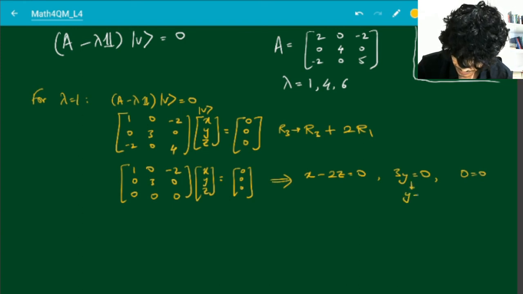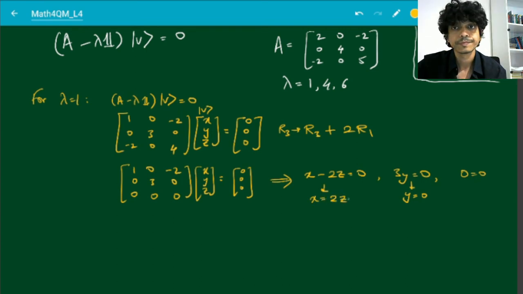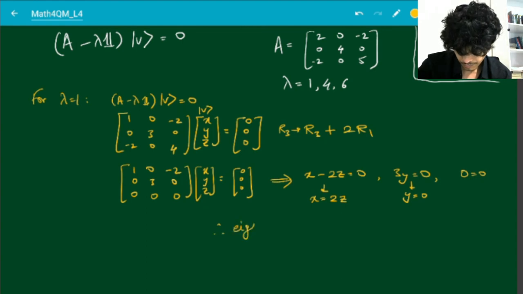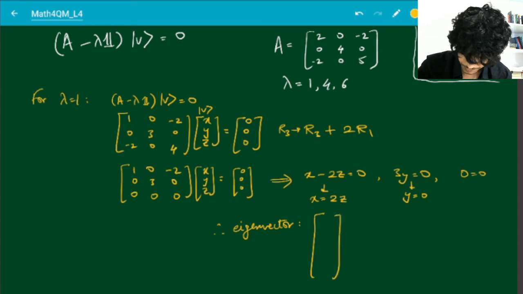This tells you that y has to be 0, and this only tells you that x has to be equal to 2z. So the eigenvector in this case is going to be: y has to be 0, and x and z are related by saying that x has to be 2 times z. So if I take z equal to 1, then x has to be equal to 2.